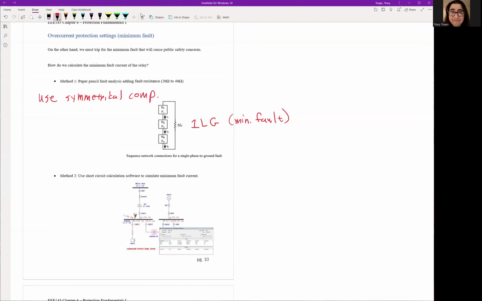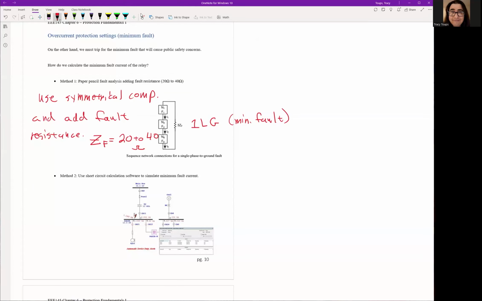Now, to make it even more minimum, we can add fault resistance. You know that ZF we ignored before? This ZF is what we'll add in, and we could put this somewhere between 20 to 40 ohms.